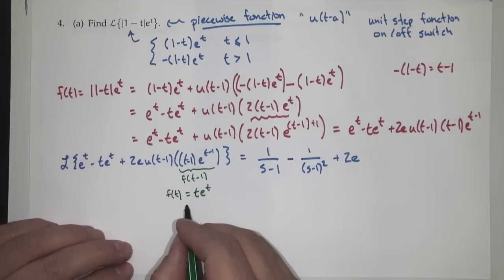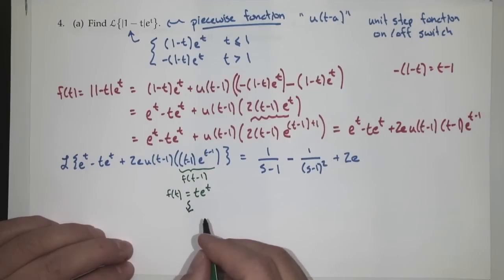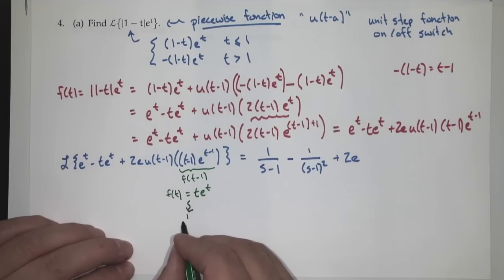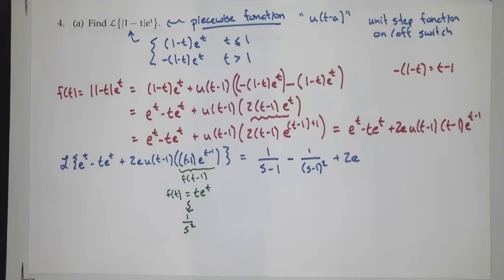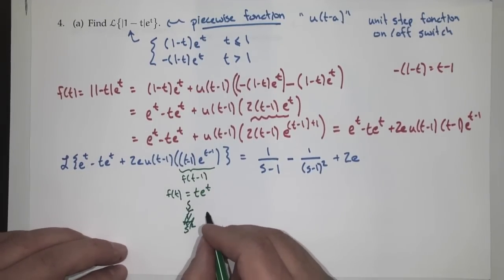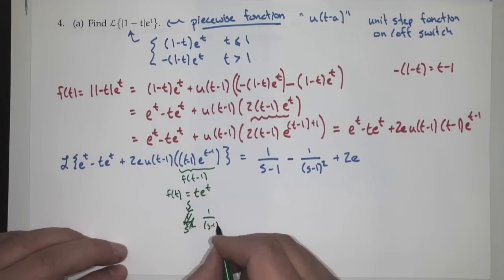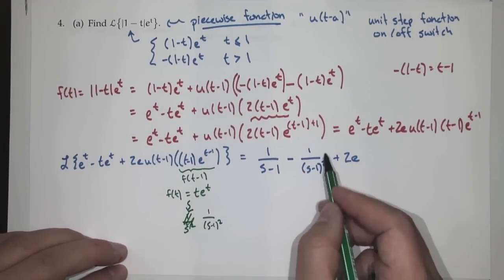And this would go to what? Well, t e to the t would go to 1 over s minus 1 squared. How do we know that? Because we did it right there.